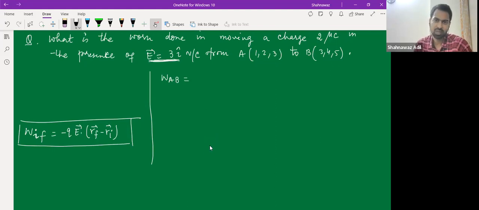So this would be simply minus QE dot what? RA or RB?